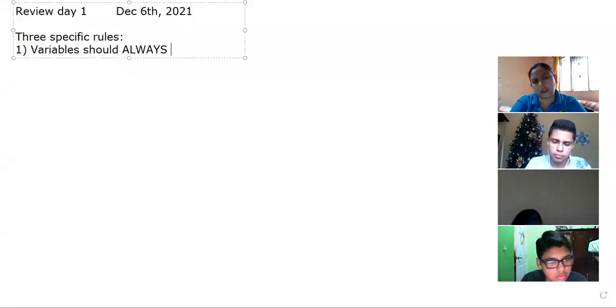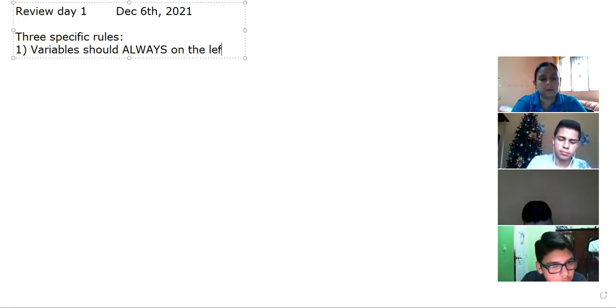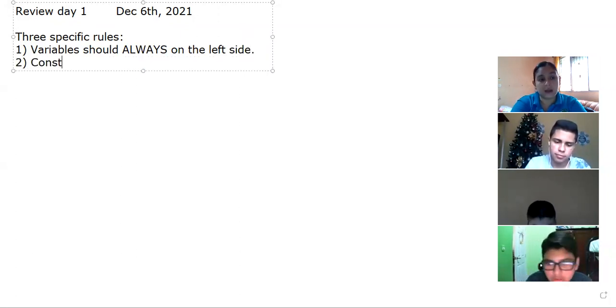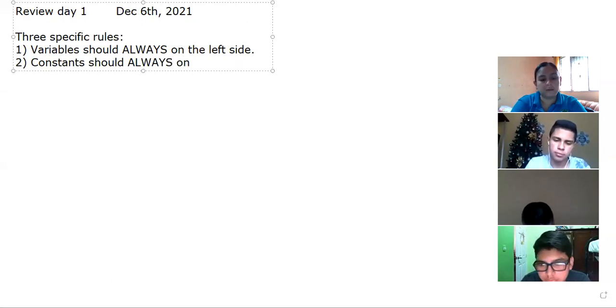Remember with equations, we didn't mind where it was, but in this case, they always need to be on the left side. Okay, that's the very first rule. Rule number 2, constants should always, again, always be on the right side.